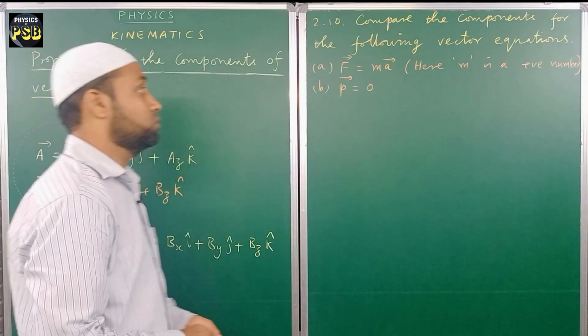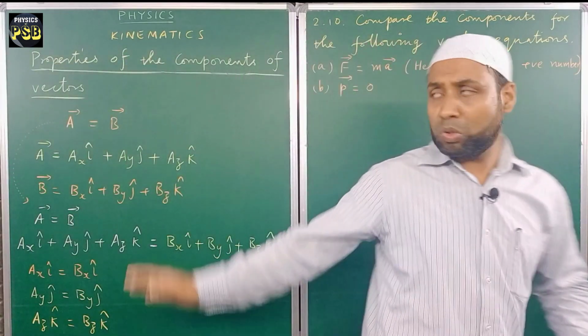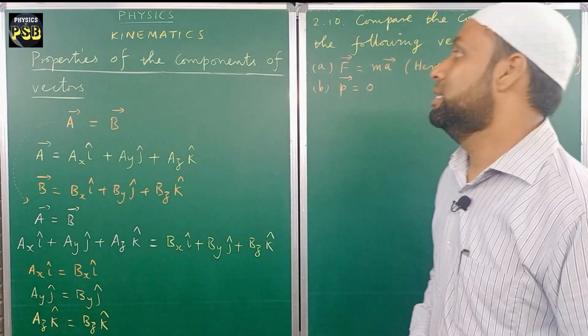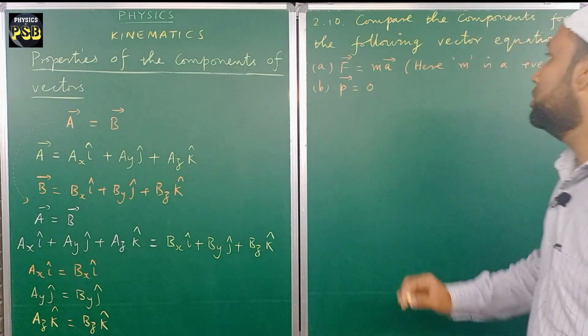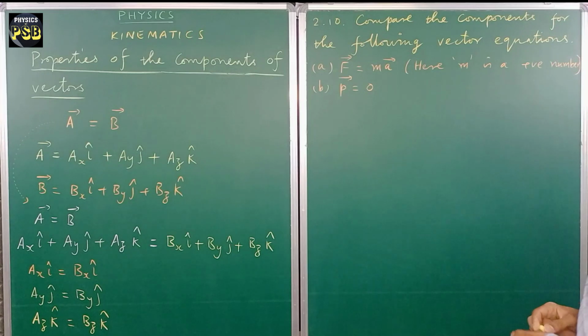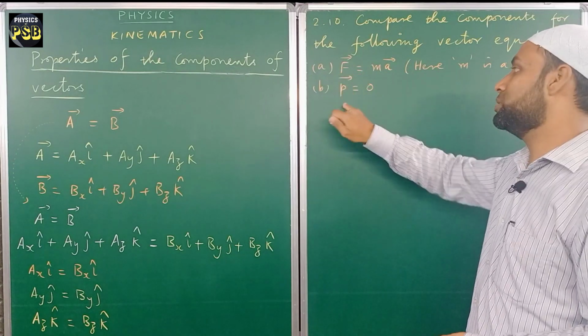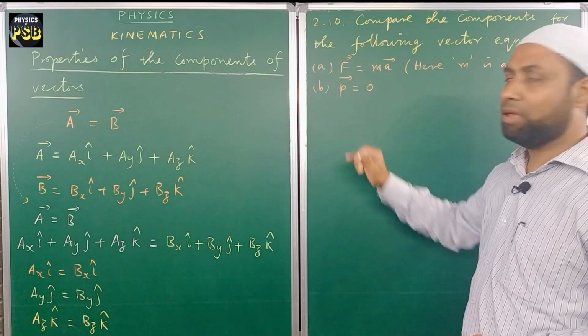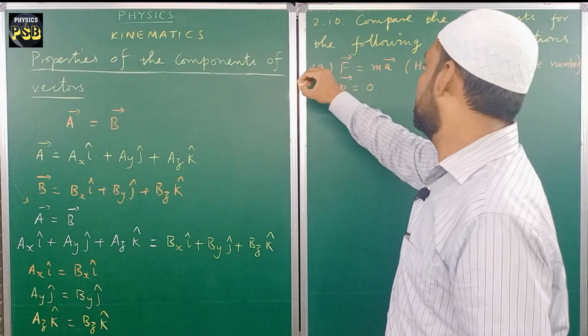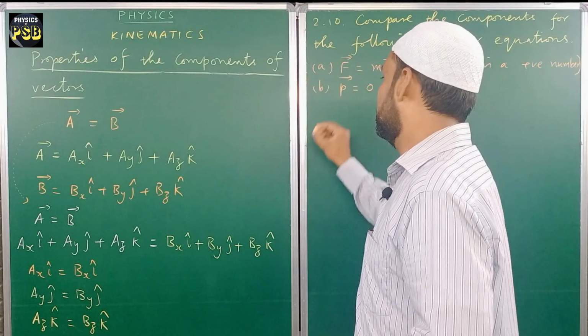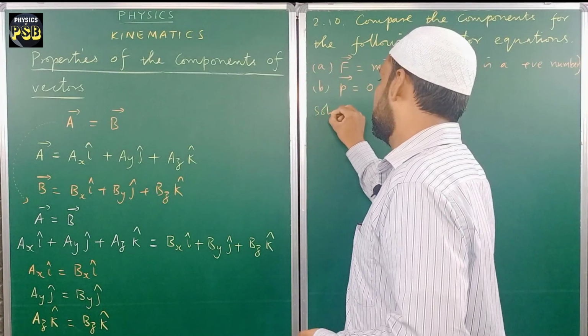Now we'll solve a numerical problem relevant to this. Here the question given is: compare the components for the following vector equations. Here two equations are given. One represents the force, another represents the momentum. First I'll start with the first equation.